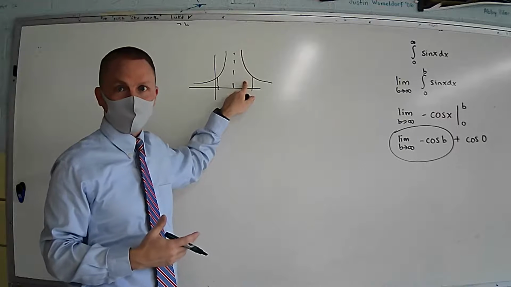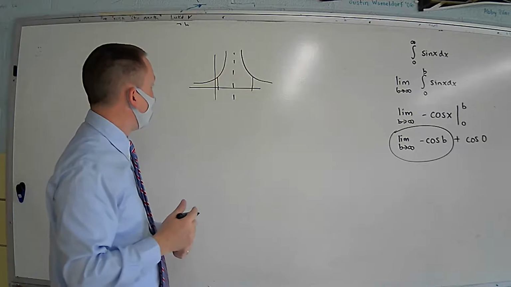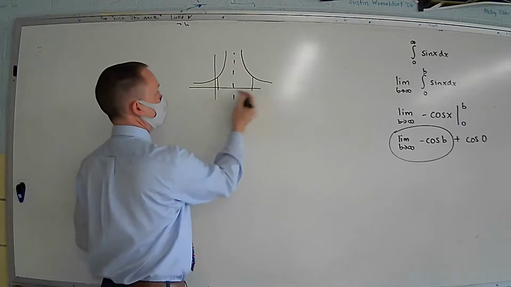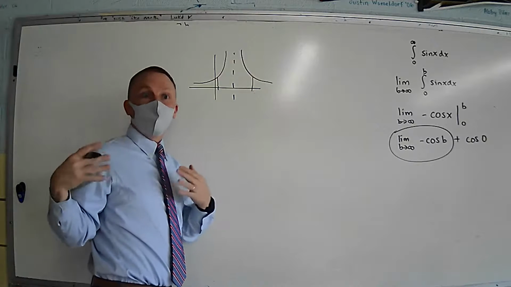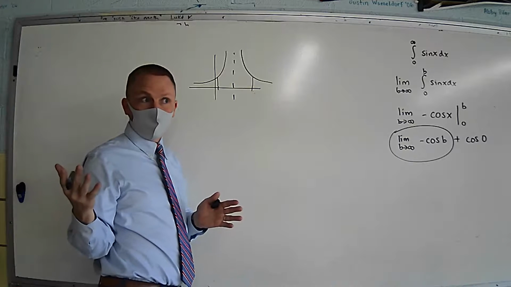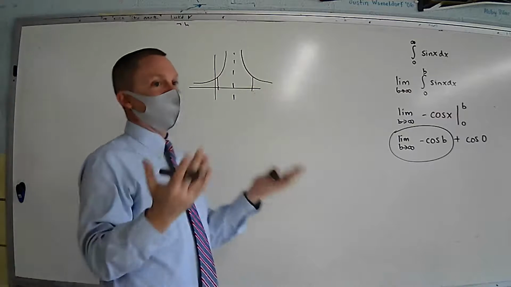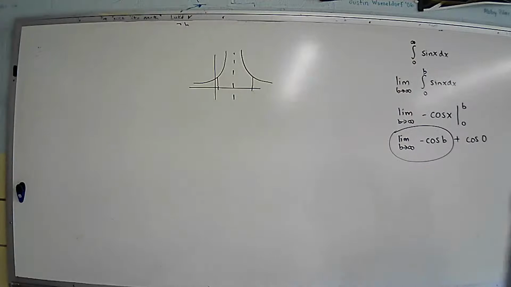They're typically symmetric like that, right? Now, if the bounds aren't symmetric about the asymptote, then you might get a different numerical answer. But if I'm just asking you whether it converges or diverges, I don't necessarily care what the numerical answer is. You follow what I'm saying there, Daniel? Yeah.